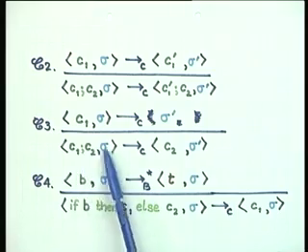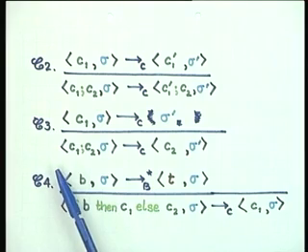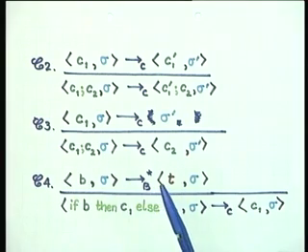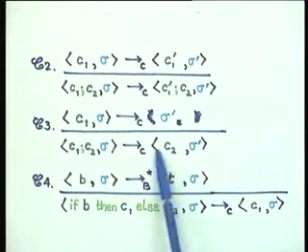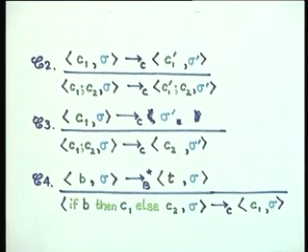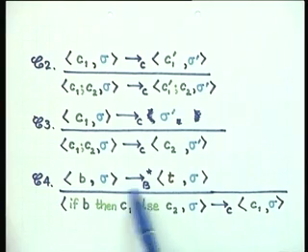So commands are something that get consumed and get reflected as state changes, and then you start evaluating the right operand. In the case of the conditional, you evaluate the Boolean expression and you transfer control. The transfer of control is like getting rid of one arm of the conditional depending upon the truth value of the Boolean.